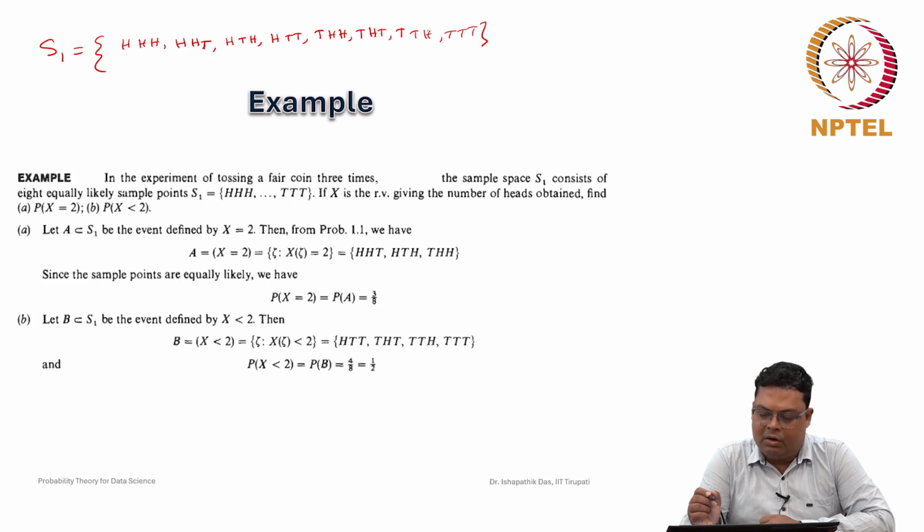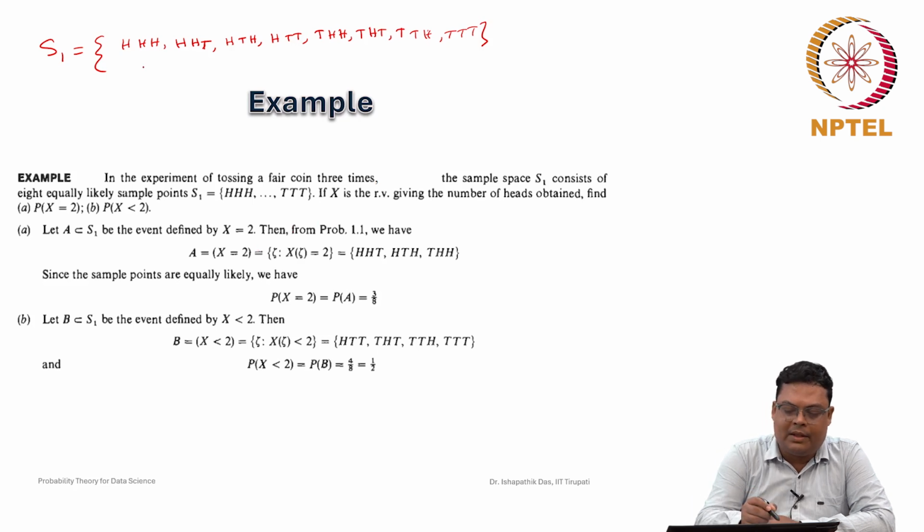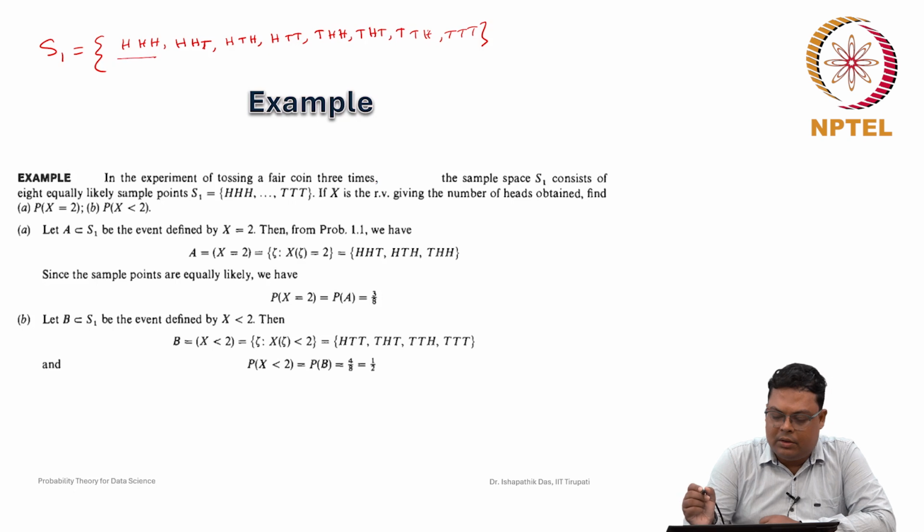Now it is written here, X is the random variable giving the number of heads obtained. Whenever an observation comes, what is the number of heads? If this is coming, the number of heads is 3. If this is coming, the number of heads is 2.